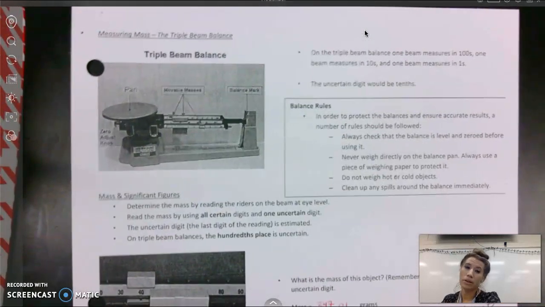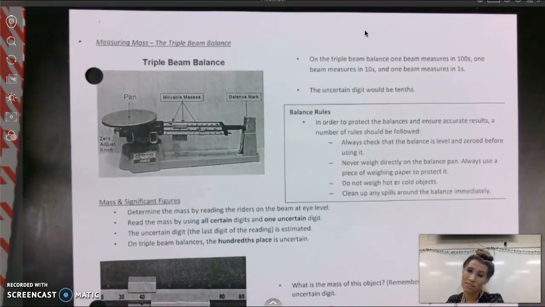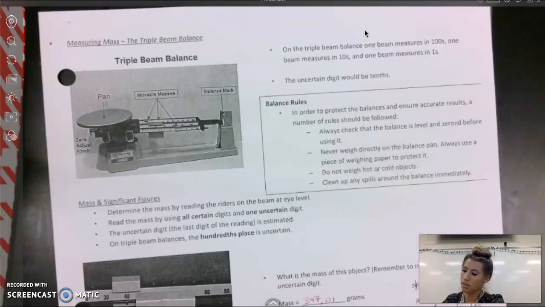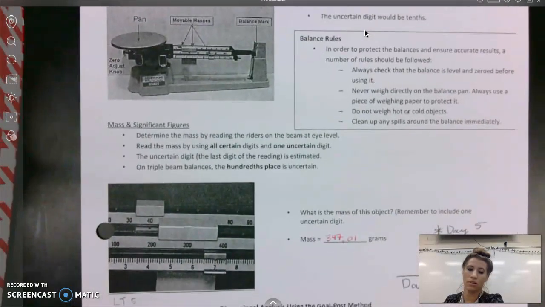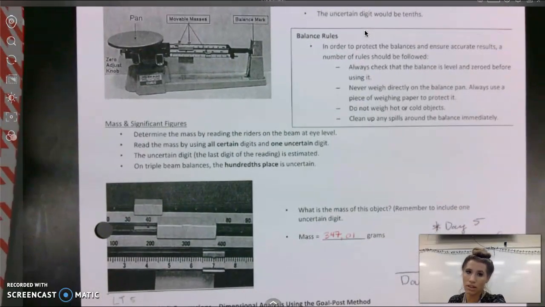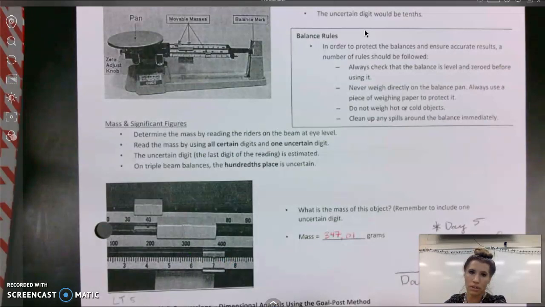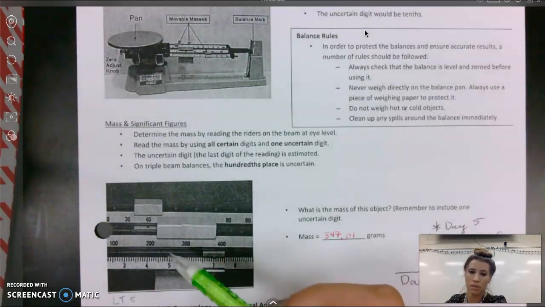Okay, the last tool where you're going to be making measurements is a triple beam balance. Take a moment, make sure you've read through those rules, but let's focus on those certain digits and your estimated, okay? Because it can get a little confusing when we're looking at 3 different bars here. So the way that a triple beam balance works is we put all of these weights at 0.